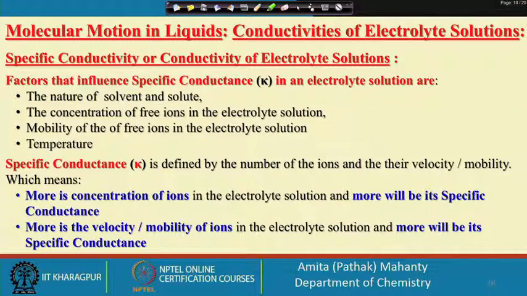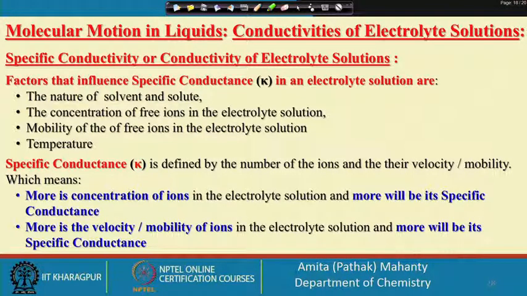So, when we are talking about specific conductance, the number of ions and their mobility is something which is very defining. Specific conductance is majorly, if I have a system, I am carrying out an experiment at room temperature, and if my solvent system is the same, I am using the same solvent, I can use water, I can use methanol, whatever the medium is.